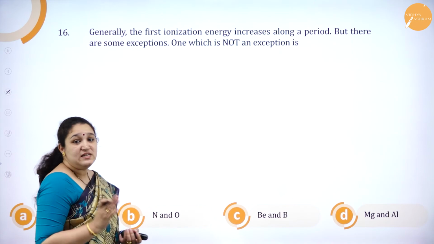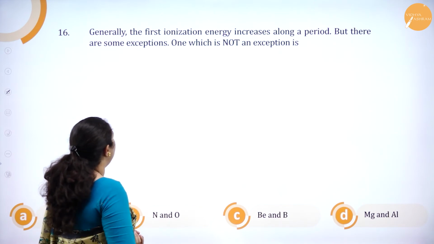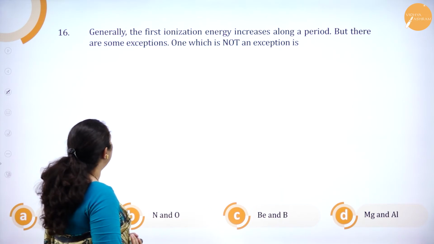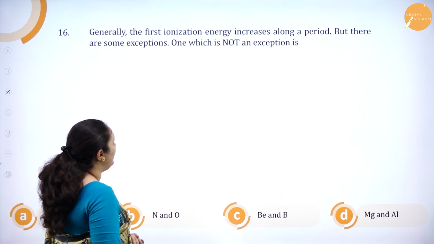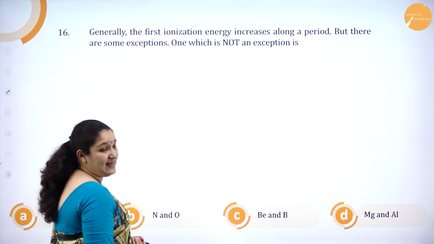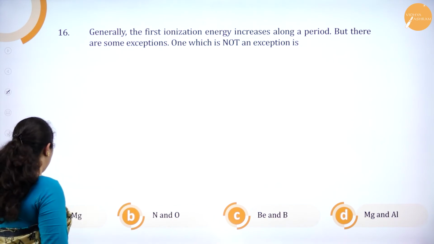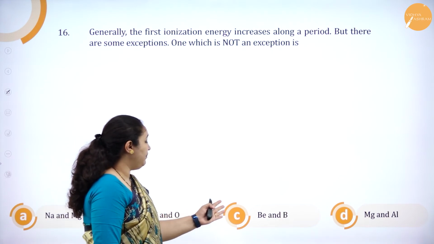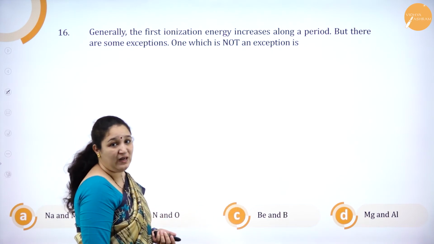Okay. 16th question. Generally, the first ionization energy increases along a period, but there are some exceptions. The options are: sodium and magnesium, nitrogen and oxygen, beryllium and boron, magnesium and aluminium.